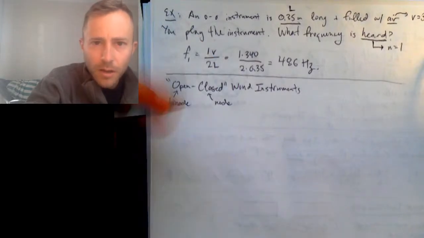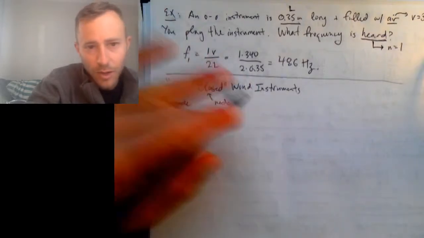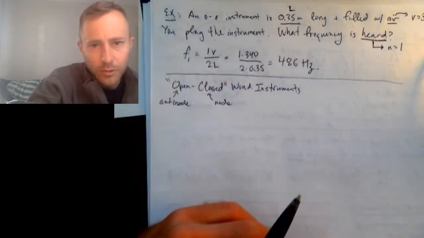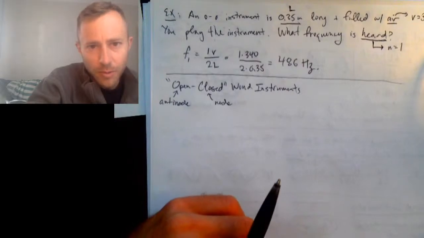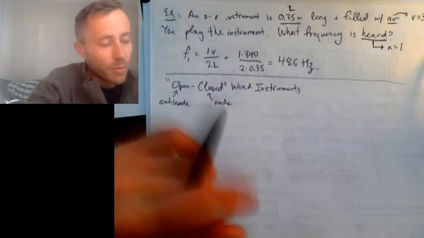This is actually more realistic than an open instrument. I don't know of any wind instruments that are truly open, but there are a lot of wind instruments that are closed, or open-closed, excuse me.